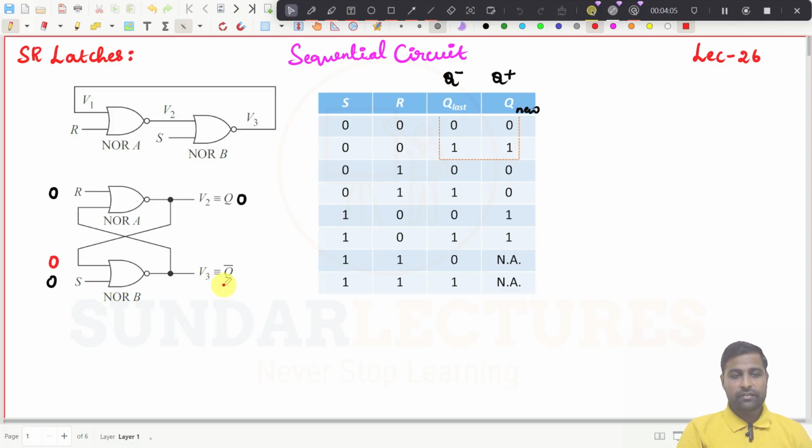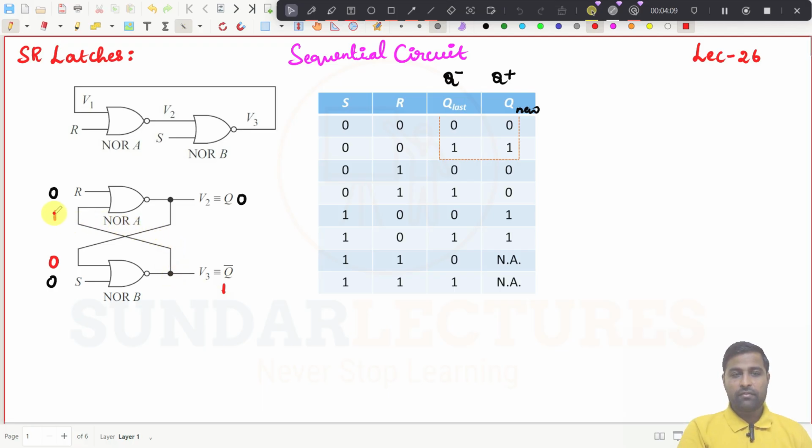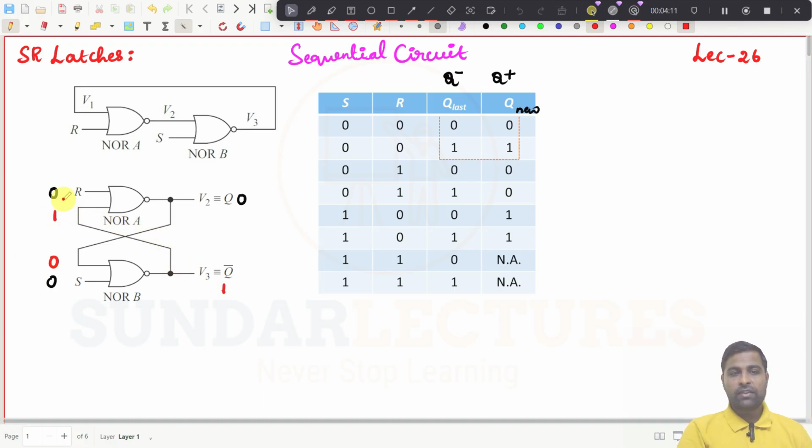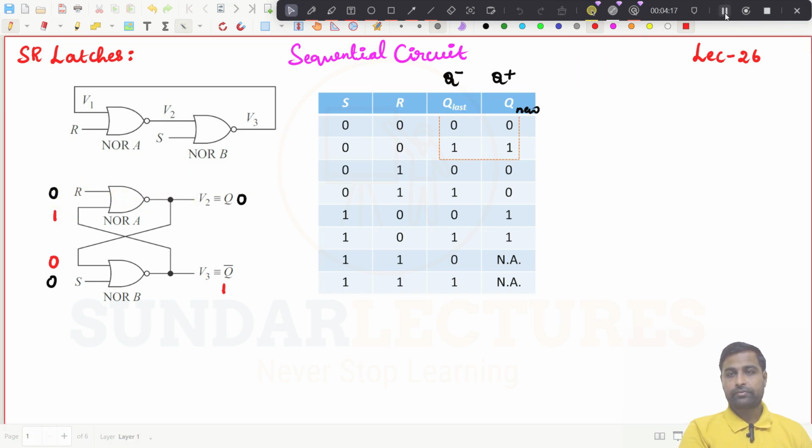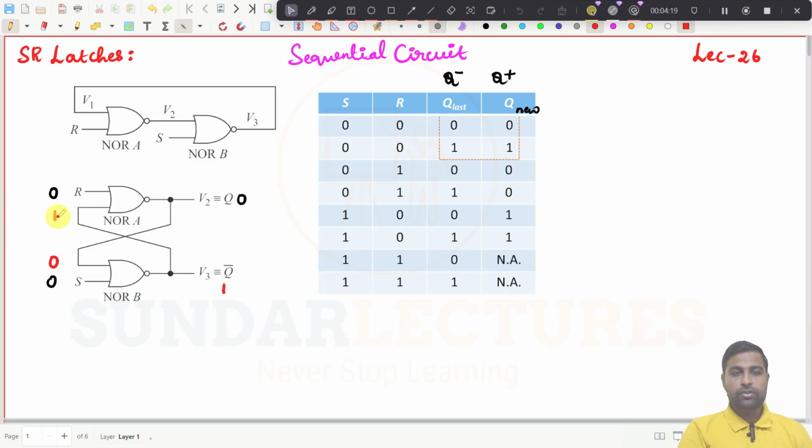Am I right or wrong? This 1 will go here. So the inputs 0 and 1 will give 0 for a NOR gate, so the next state will be 0.